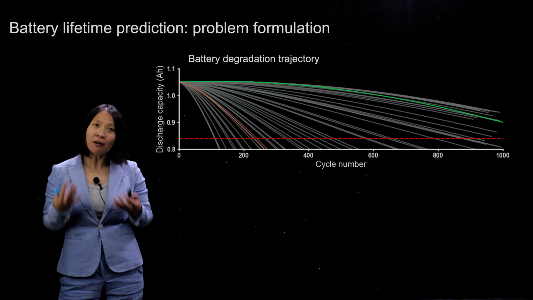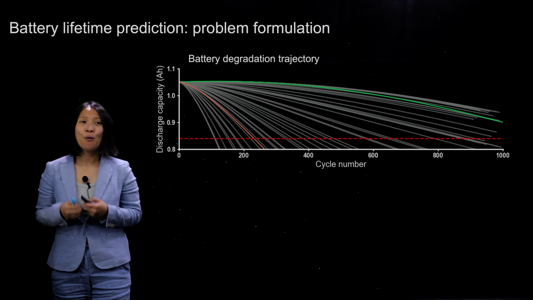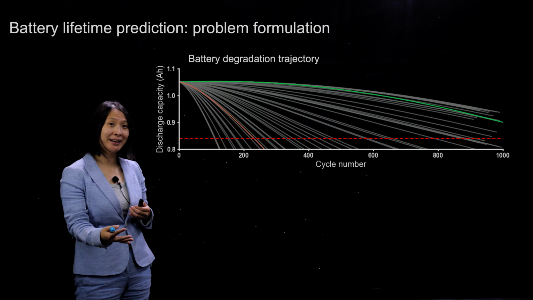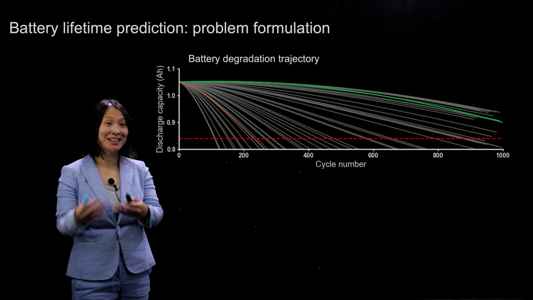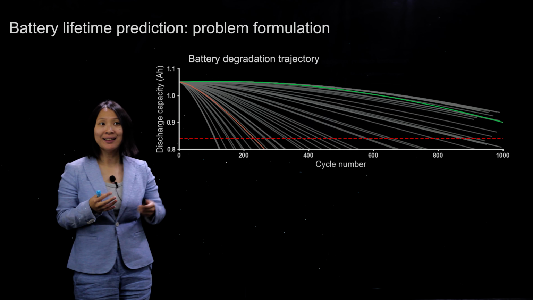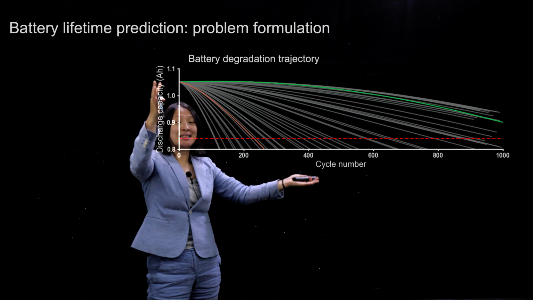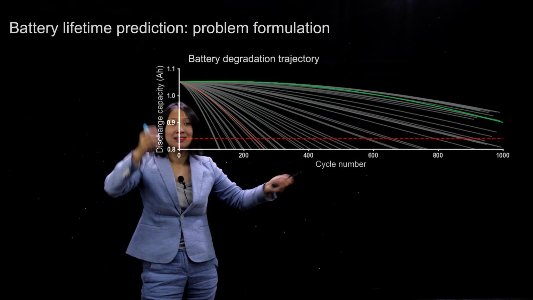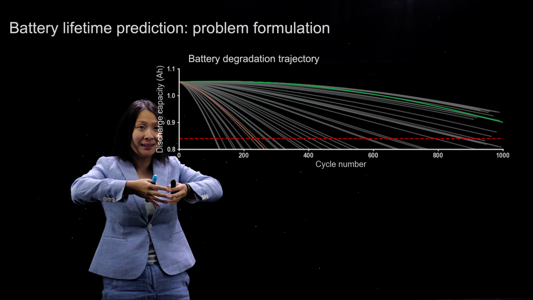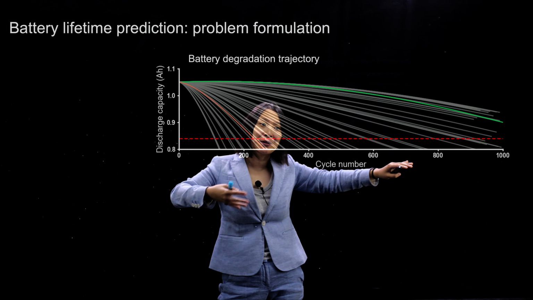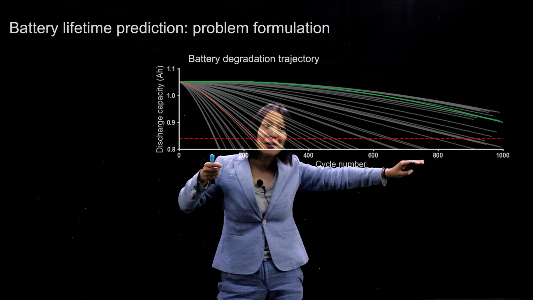So when we are talking about battery lifetime prediction, we are really asking, can we know when a battery will degrade before it actually degrades? Often, we'll see a battery degradation trajectory that looks like what we show on the slide. We have the battery capacity changing as a function of time, or if we are cycling the batteries, as a function of cycle number.